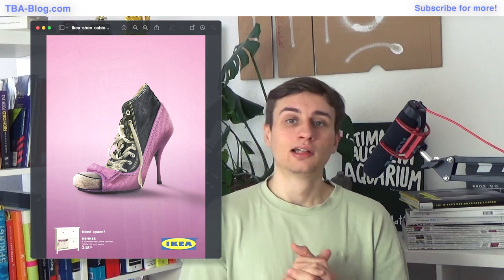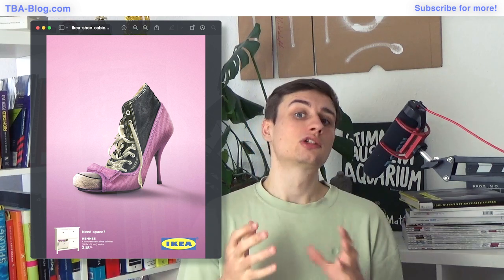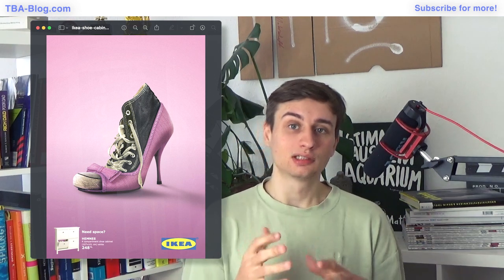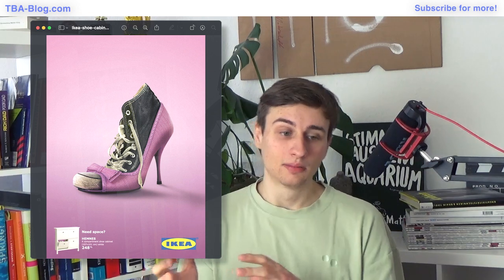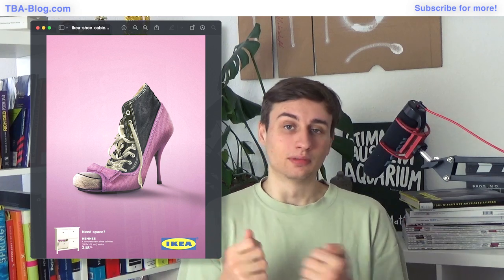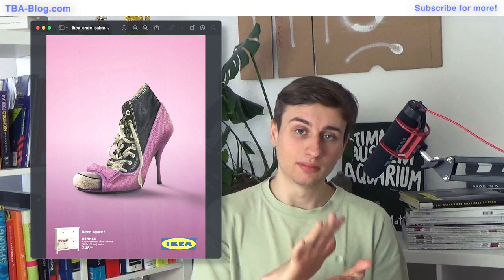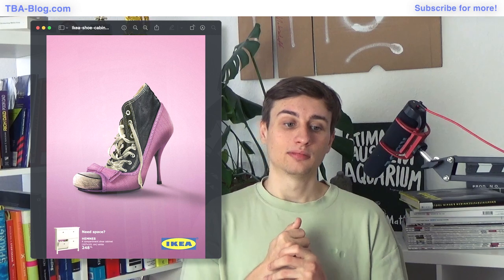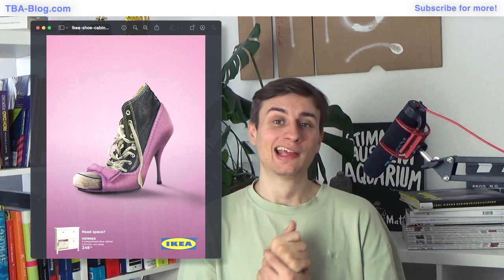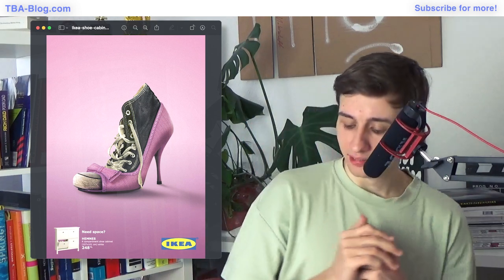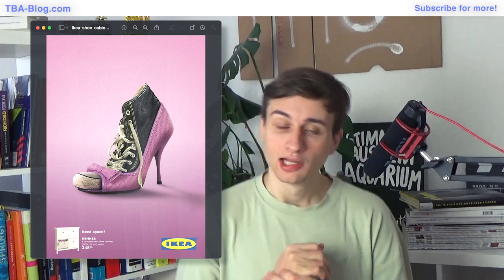Exaggeration in the sense that there are so many shoes that there is no other possibility than to stack them. So the person has to actually slip them into each other and try to find fitting pairs for her shoes or for his shoes.